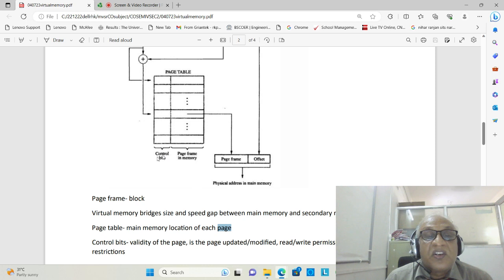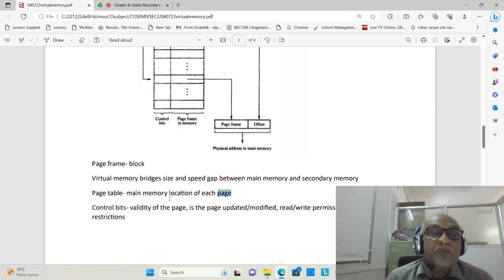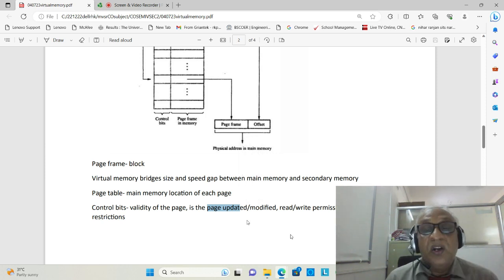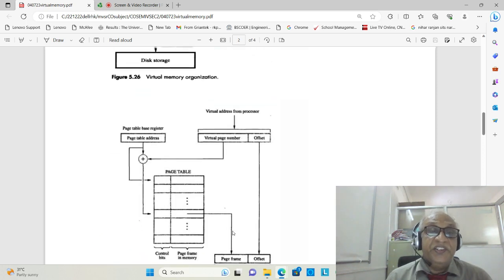It also has control bits. What is the purpose of these control bits? They check the validity of the page, whether the page is valid or invalid. They check if the page is updated or modified; if it is updated, it needs to be written back to the main memory. They also contain other control bits like read-write permissions, restrictions, etc.